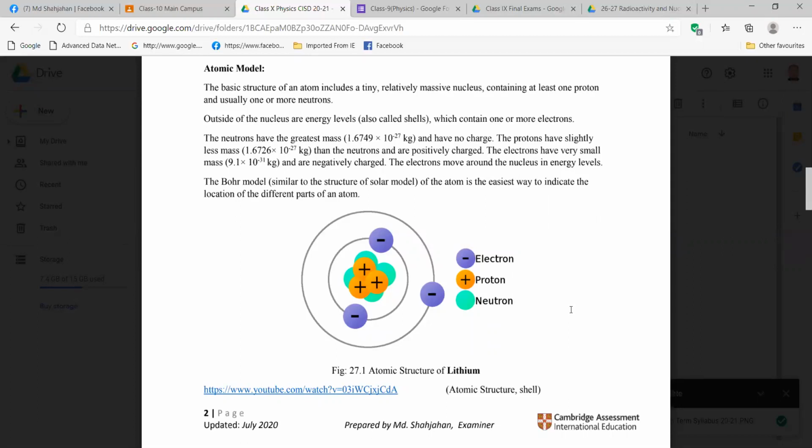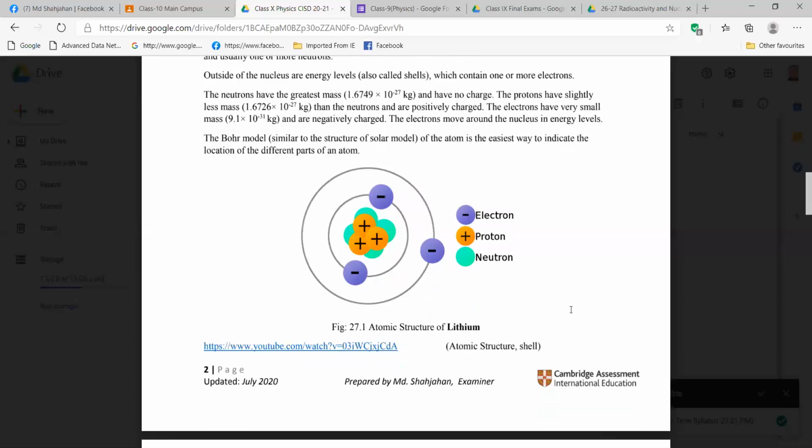We have here one atom, a lithium atom, and in the lithium atom you see there are 3 electrons, 3 protons, and 4 neutrons. Okay, so can anyone tell me what is the mass number of lithium? What is the mass number of lithium?